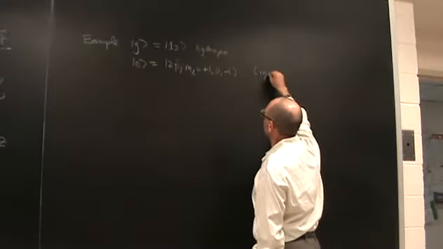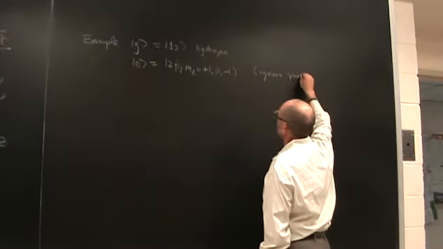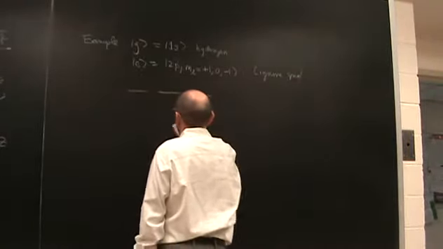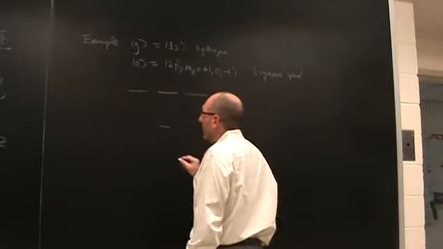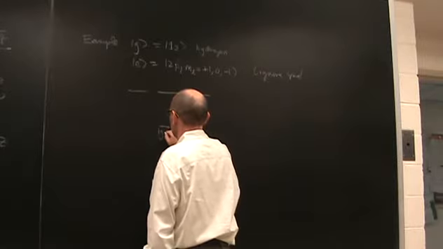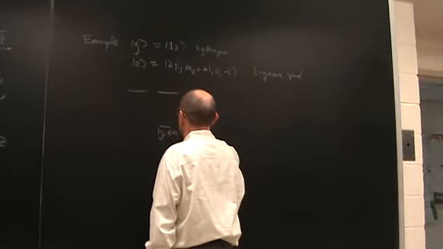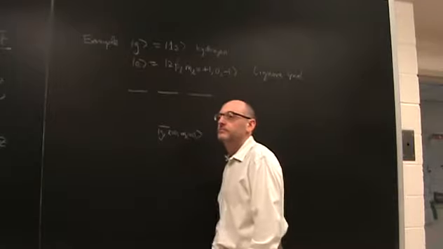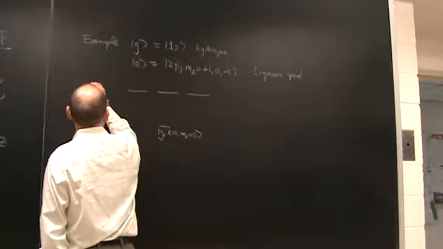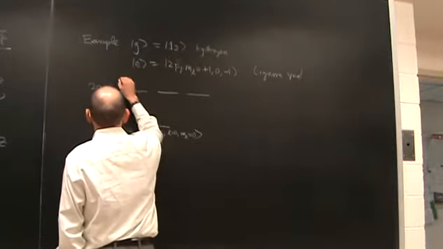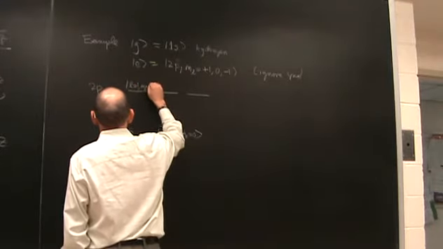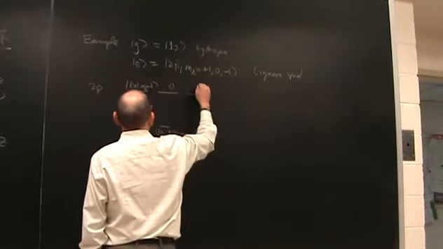Let me ignore spin. Then this is my ground state: L equals 0, ml equals 0. This is my excited state: L equals 1, ml -1, 0, or +1.